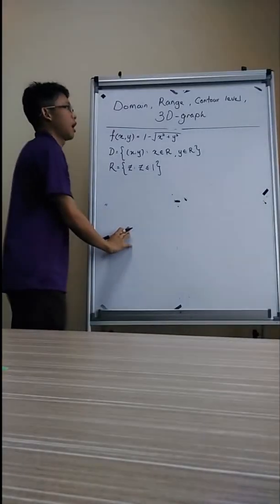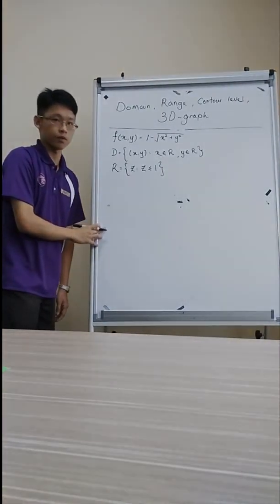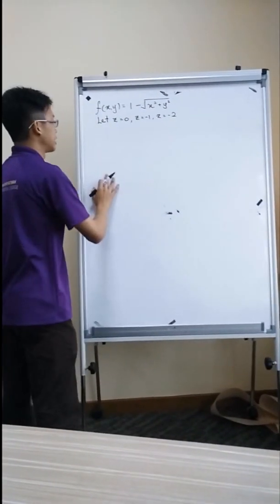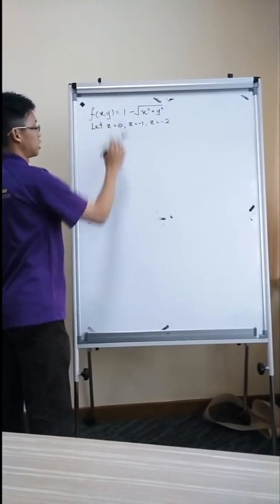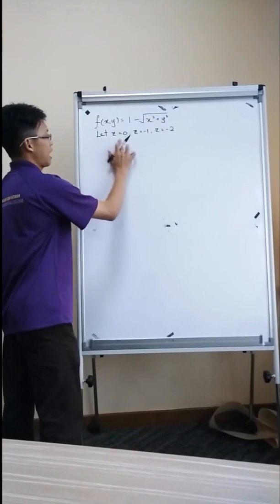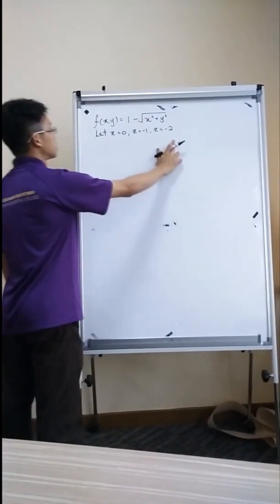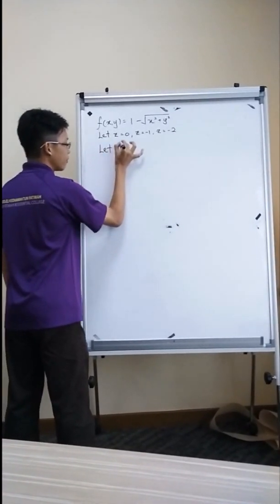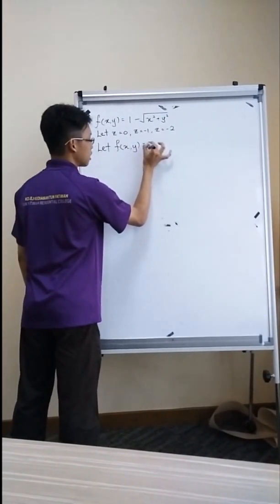After we find out the domain and range, we can find out the contour level. The question says let z equal to 0, negative 1 and negative 2. So actually we can let the function of x and y equal to z.